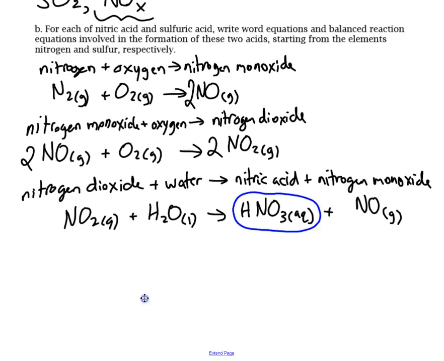That further combusts or burns in the presence of oxygen to produce nitrogen dioxide, also a gas, which combines with water vapor, which is abundant in the atmosphere, to produce nitric acid or hydrogen nitrate, which would be dissolved in those water droplets as aqueous acid and more nitrogen monoxide.